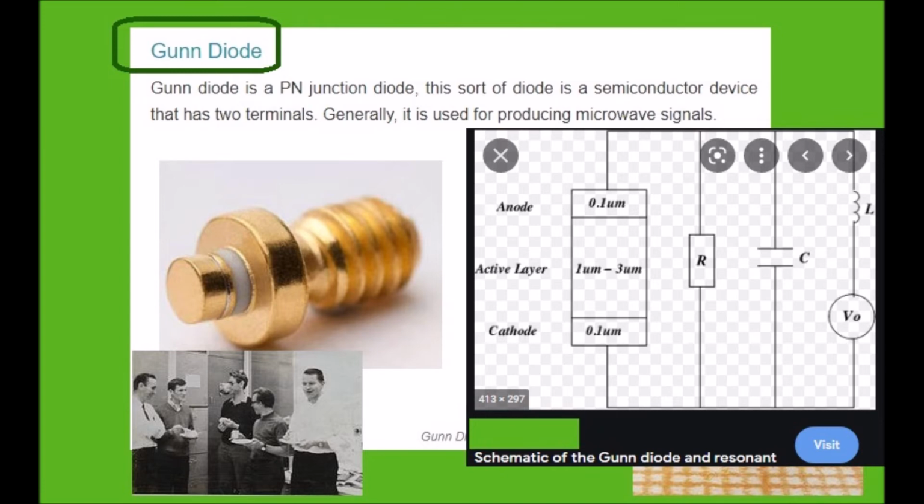This means a gun diode has a region of negative differential resistance in its current-voltage characteristic curve, in which an increase of applied voltage causes a decrease in current. This property allows it to amplify, functioning as a radio frequency amplifier, or to become unstable and oscillate when it is biased with a DC voltage.